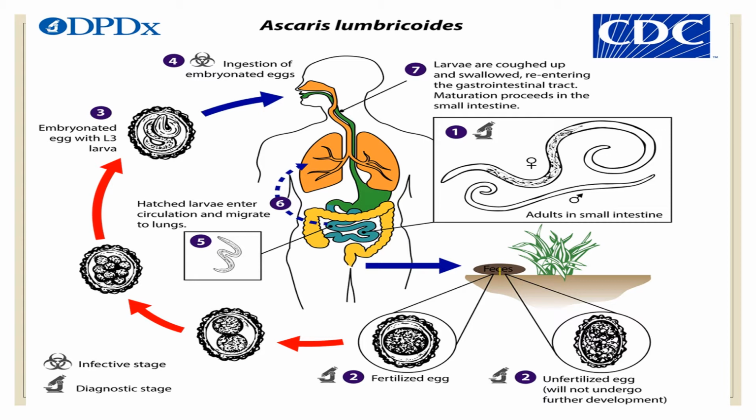Okay, so the larvae mature further in the lungs within 10 to 40 days, penetrate the alveolar walls, and ascend the bronchial tree to the throat and are swallowed. The last stage, the larvae are coughed up and swallowed, re-entering the gastrointestinal tract. The maturation proceeds in the small intestine.